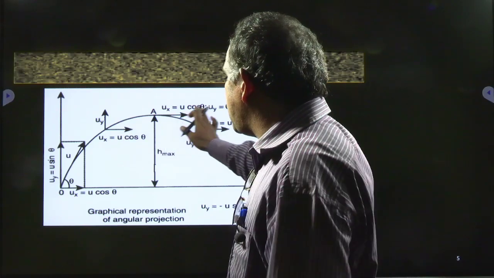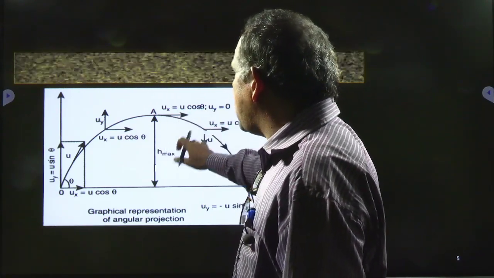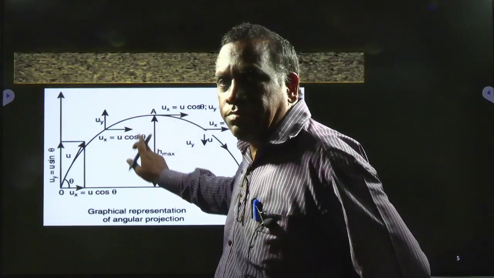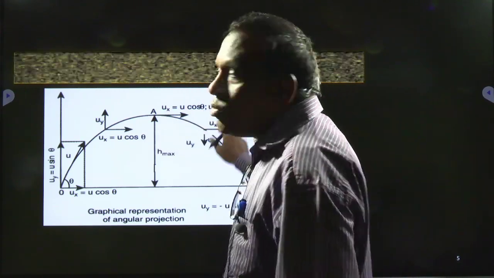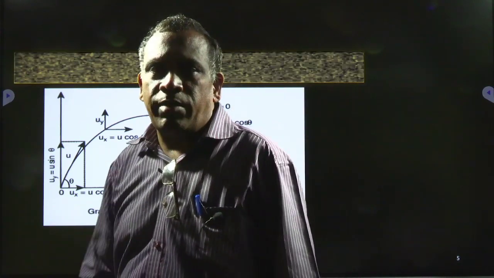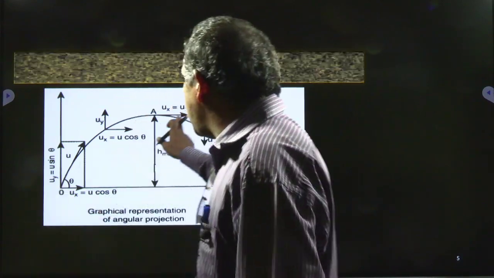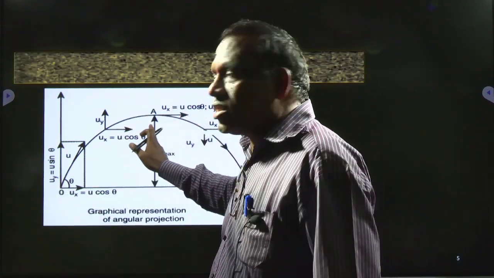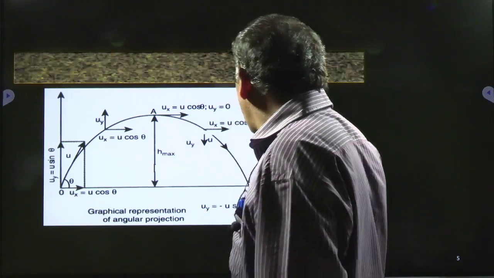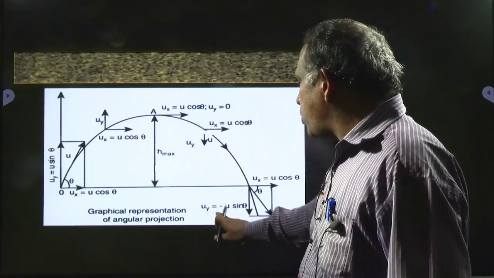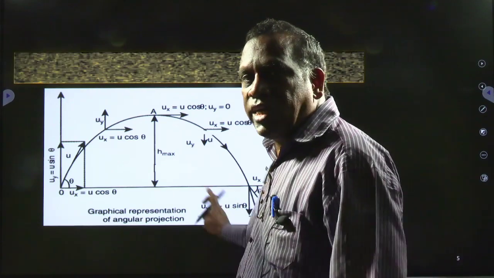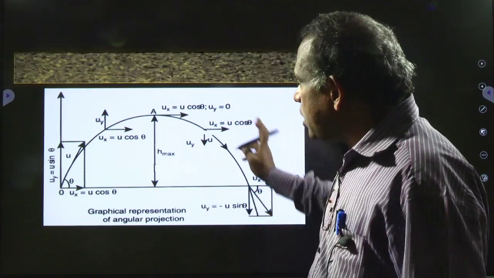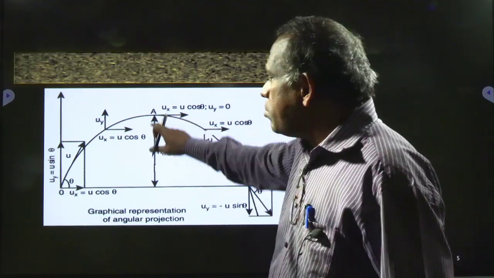At maximum height, uy will be 0, but the horizontal velocity will be there: ux is equal to u cos theta. When it is reaching the ground, uy is equal to minus u sin theta. These are the directions and everything. Maximum height.